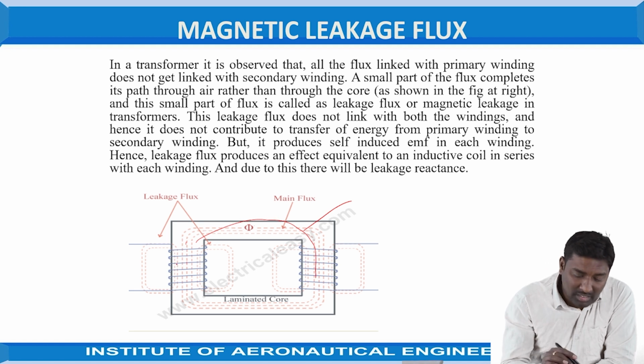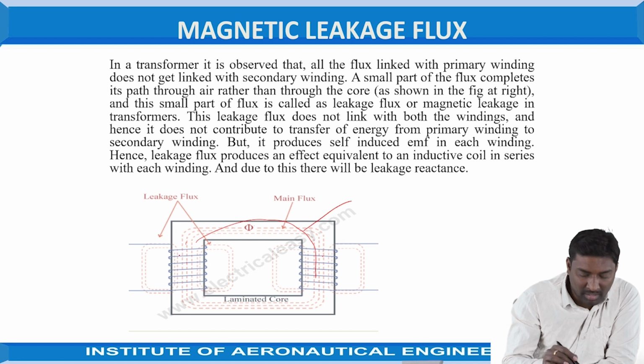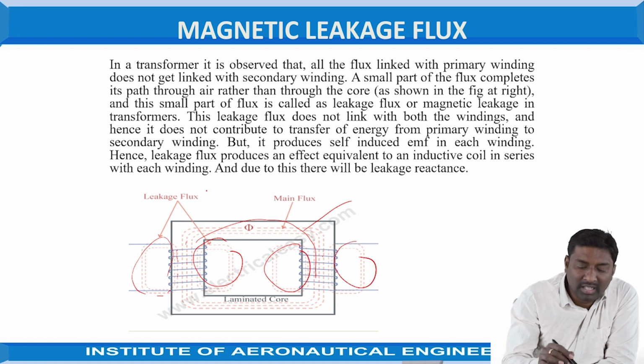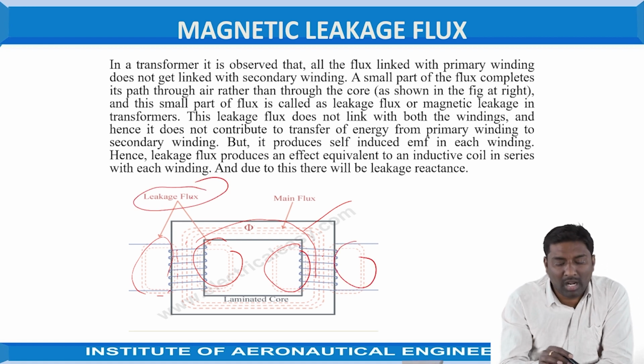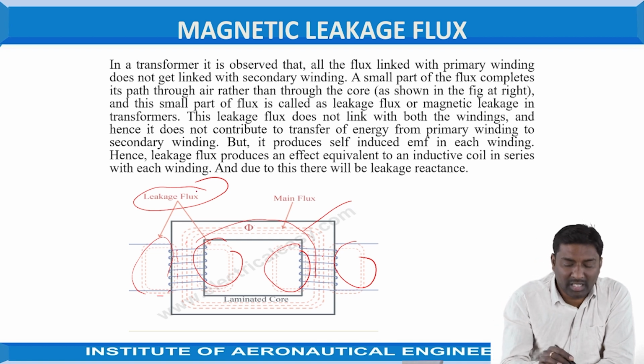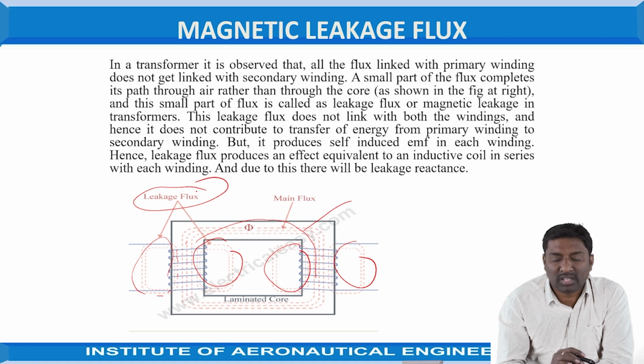But some flux will not be linked with the secondary winding, and some flux is not linked with the primary winding. Some flux will be leakage here. So this flux I am calling leakage flux, or magnetic leakage flux.